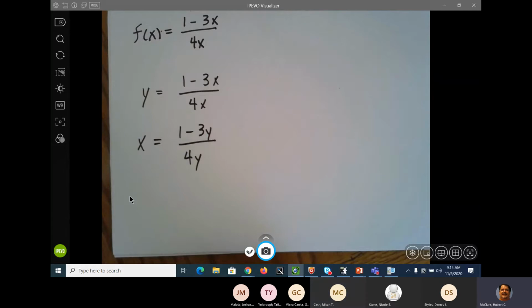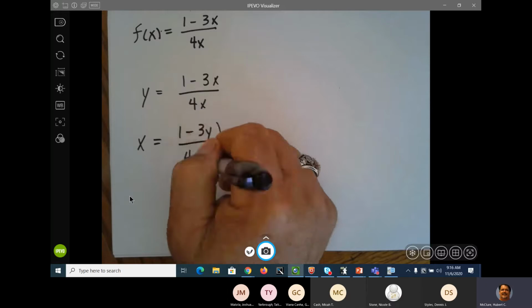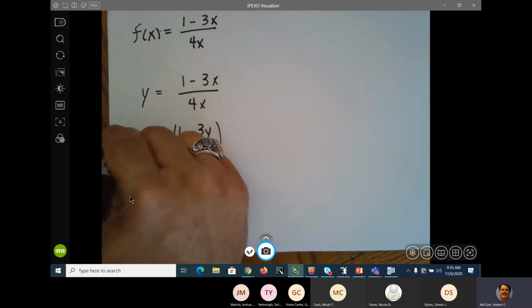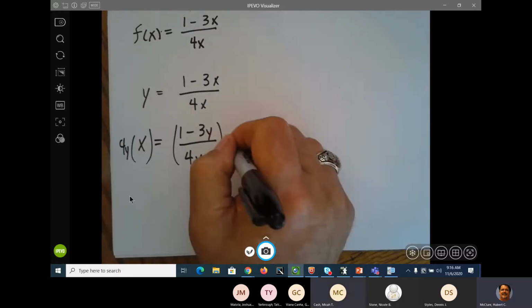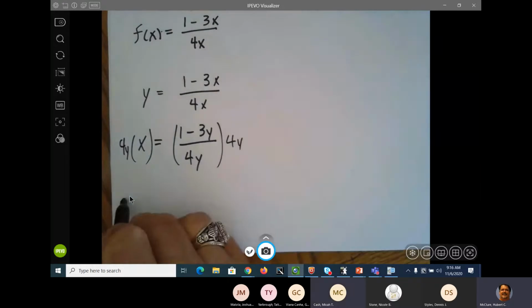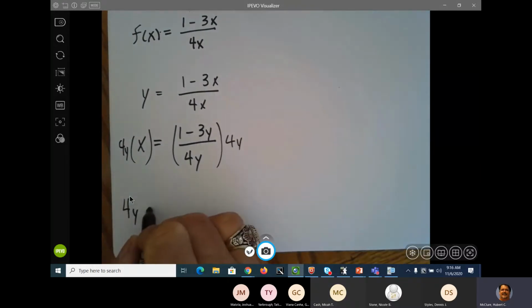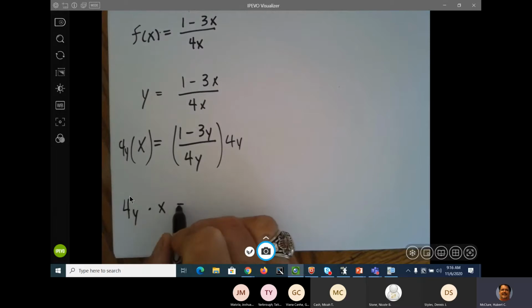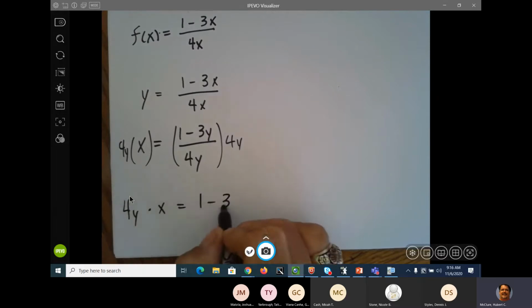Now I'm not even worried about solving yet. I've got to get rid of this fraction, so I'm going to multiply both sides by 4y. And that's going to give me 4y times x is equal to 1 minus 3y.